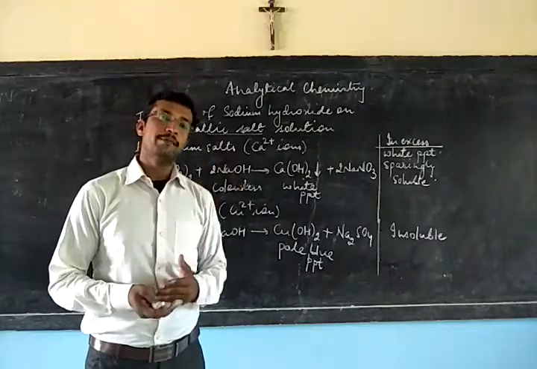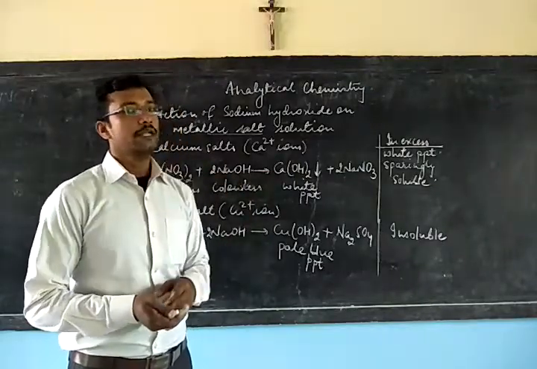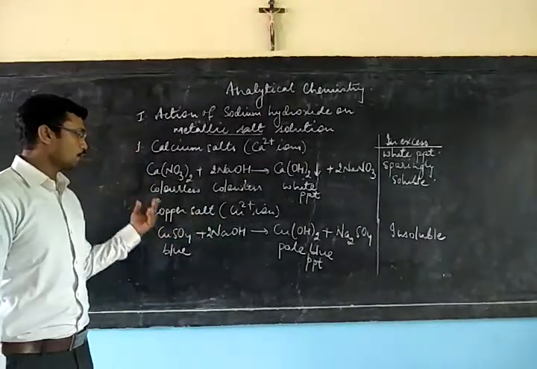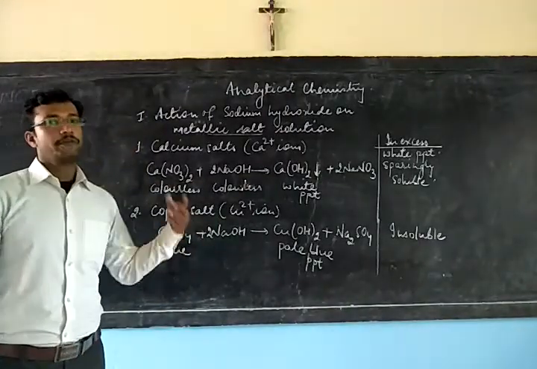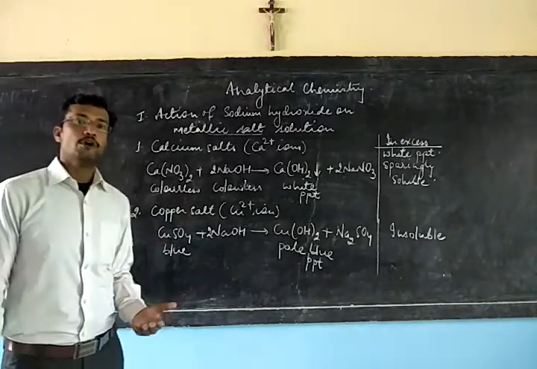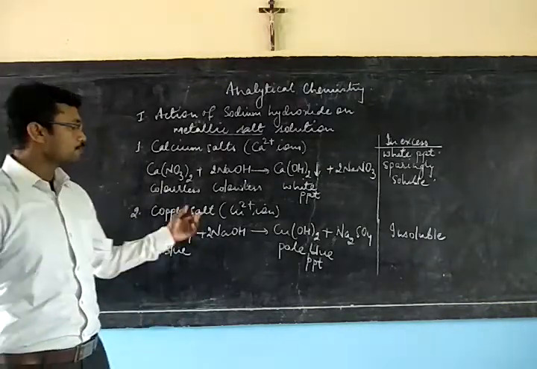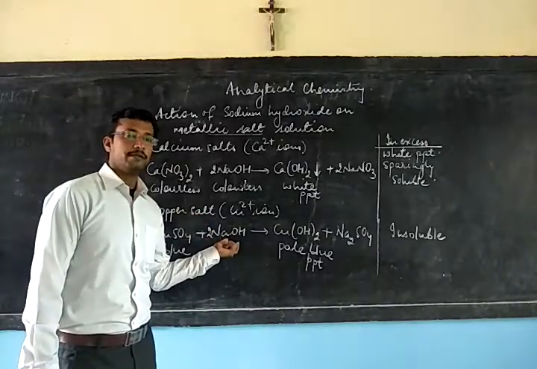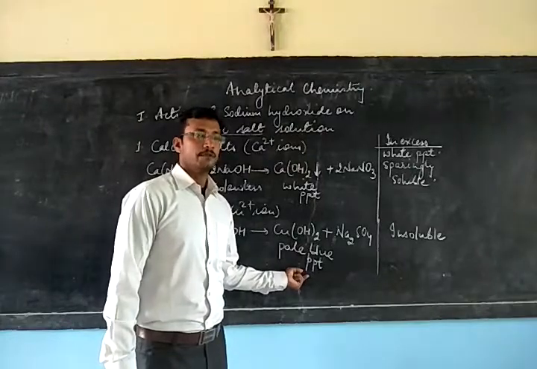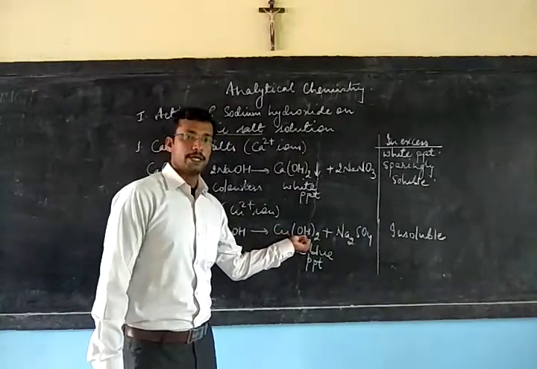The copper salt can be any soluble salt of copper: copper nitrate, copper sulfate, or even copper chloride. You can choose any of the salts, and on addition of small drops of sodium hydroxide, you will get a pale blue precipitate, which is cupric hydroxide.